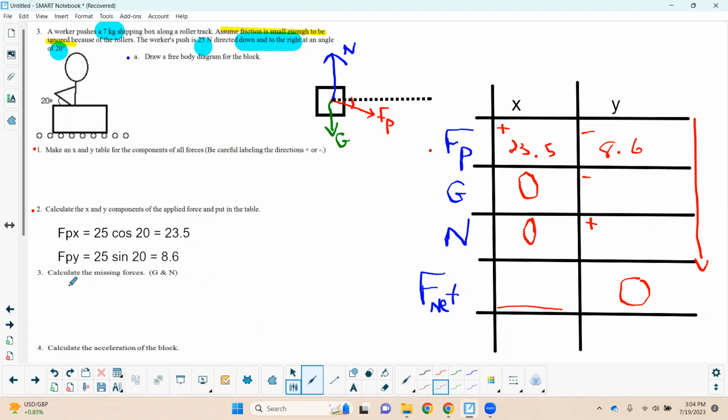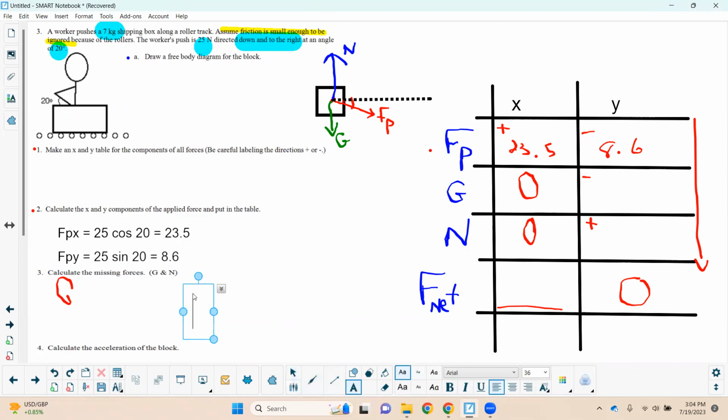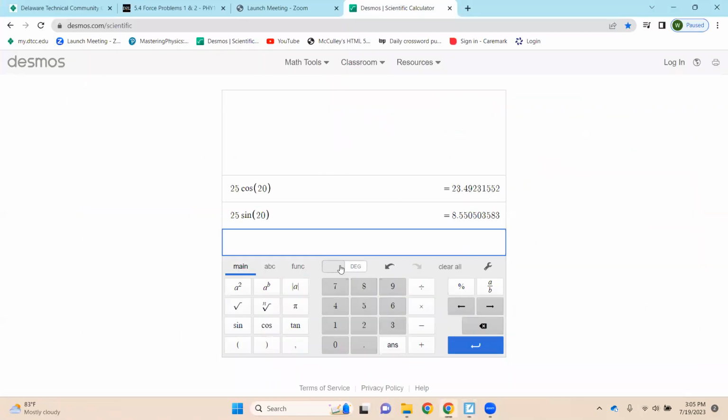For gravity, we're going to use the gravity equation. So big G, let me type it because it makes more sense to do that. Shrink this a little bit. So big G is equal to mg, which would be the mass of the object, which is 7, and then 9.8, which is the acceleration due to gravity. That's the little g constant. So if we put that in the calculator, it'd be 7 times 9.8, and that's 68.6.